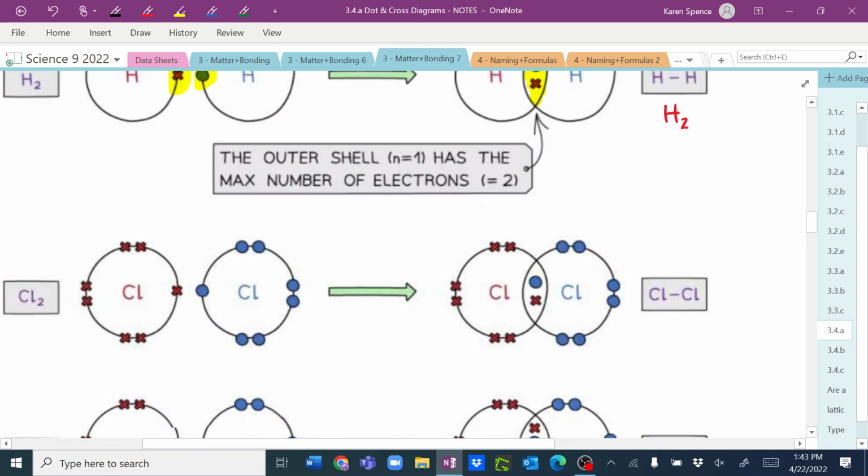Okay, and again, we have an atom, and we have an atom, and each of them has one little gap. And so again, we show the arrow, and then we have the area of overlap.